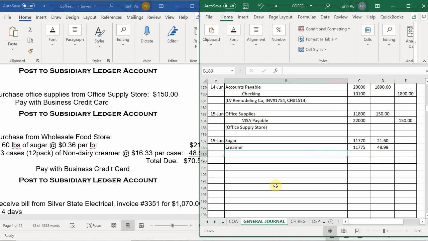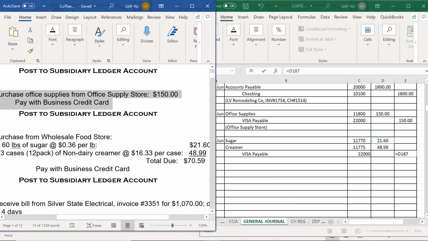You would put it underneath creamer: Visa payable. Good. It's your Visa payable account, which is 22,000. For what total? $70 and 59 cents.